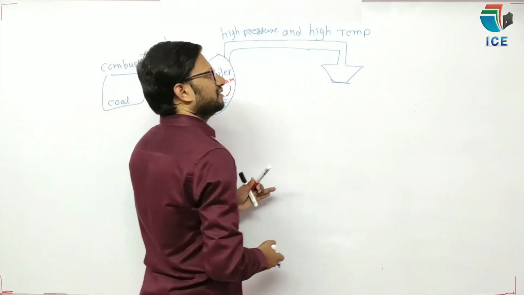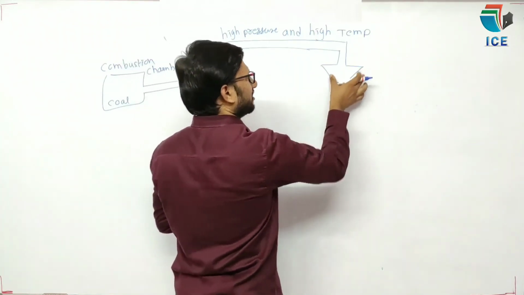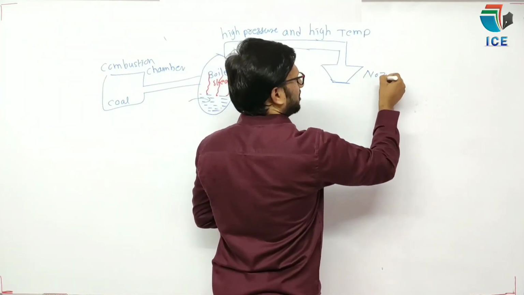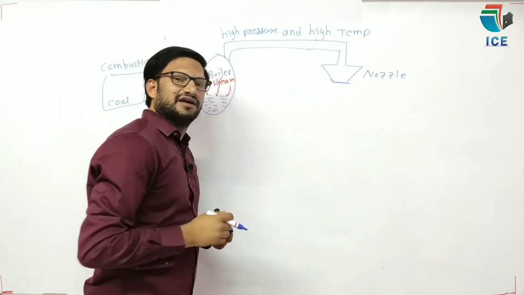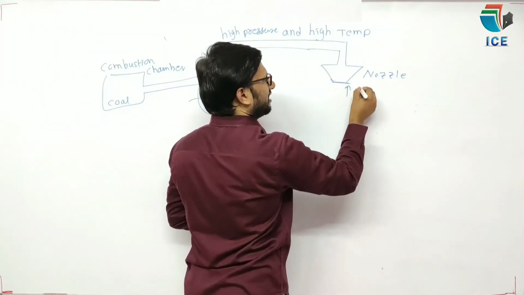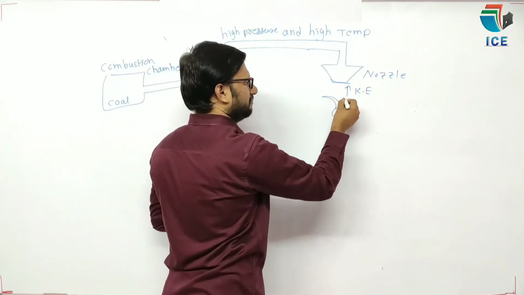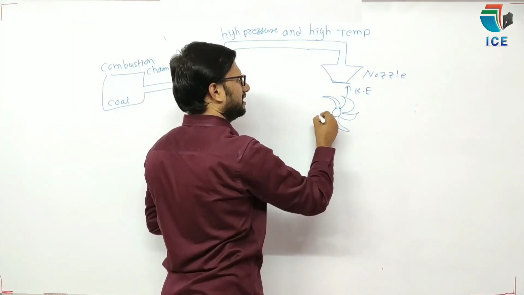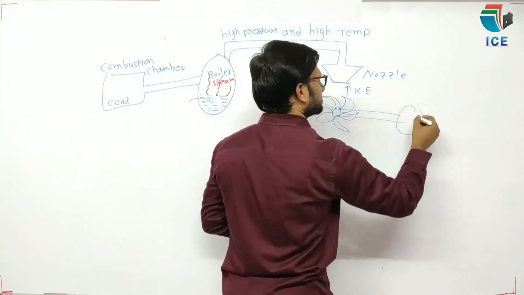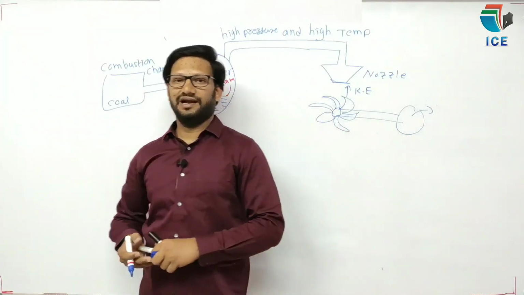It is a varying cross section of area, or simply a converging cross section of area. What is the working principle of the nozzle? It converts the high pressure energy into high kinetic energy. Now, with the help of high kinetic energy, the turbine blades, or simply the turbine, rotates. With the help of the turbine, we can get some mechanical work output that is subsequently converted into electricity.